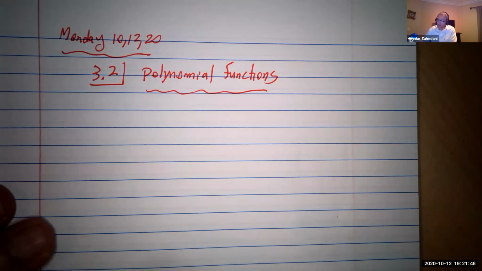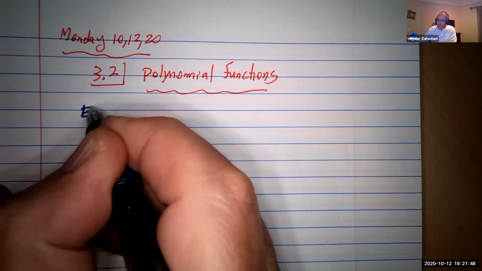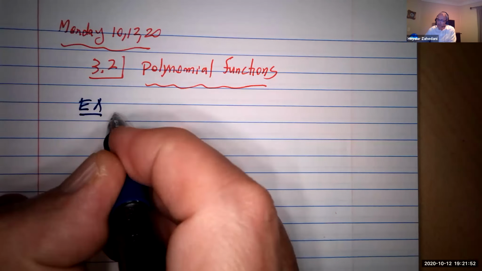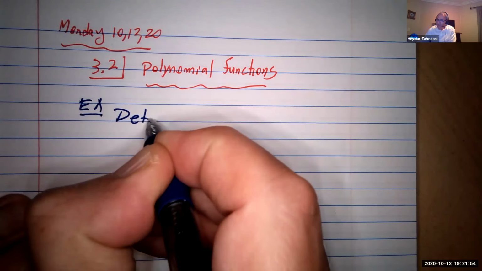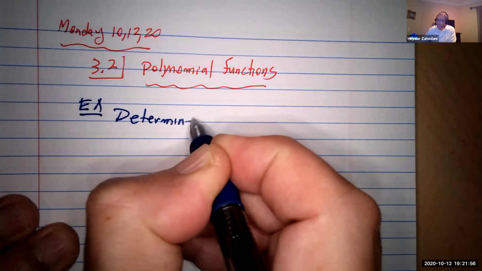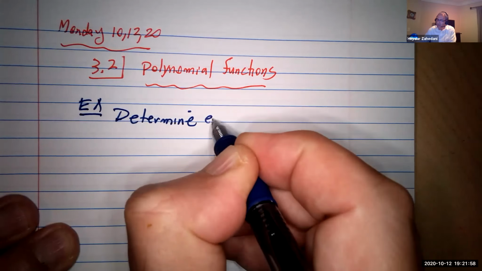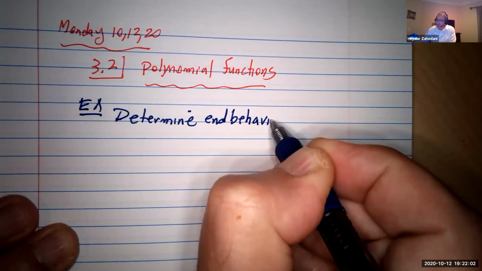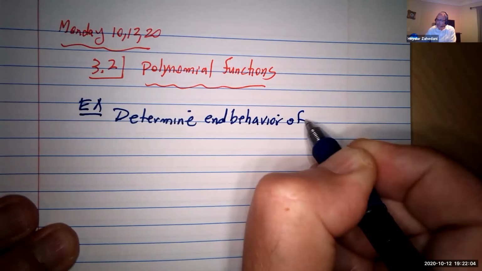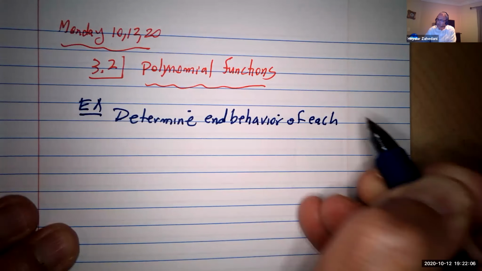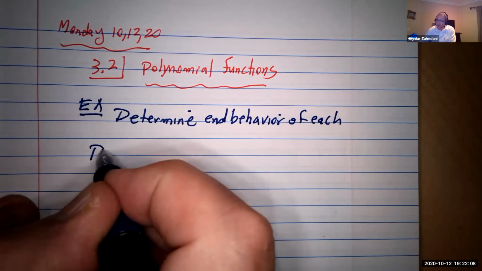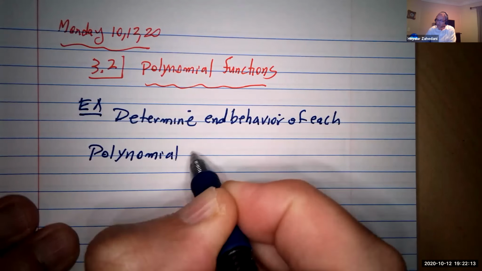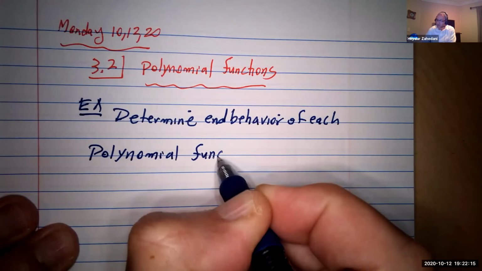Okay, so the example, just to remind you, we want to determine the end behavior of each polynomial function, or just function.